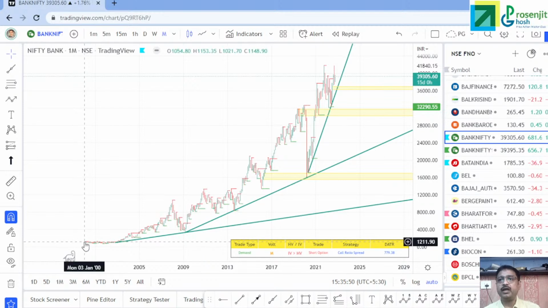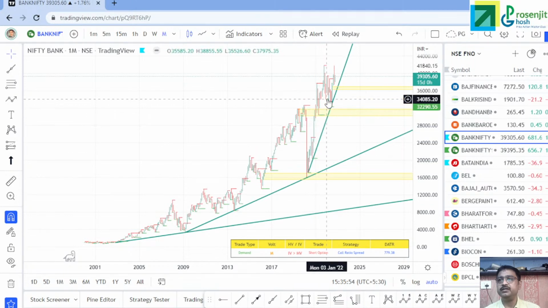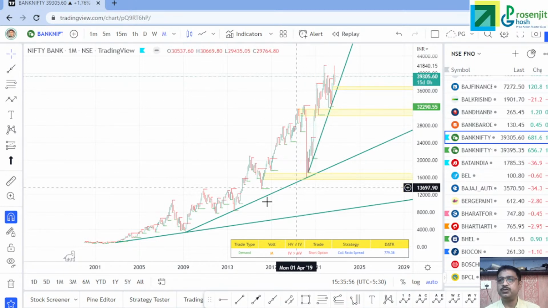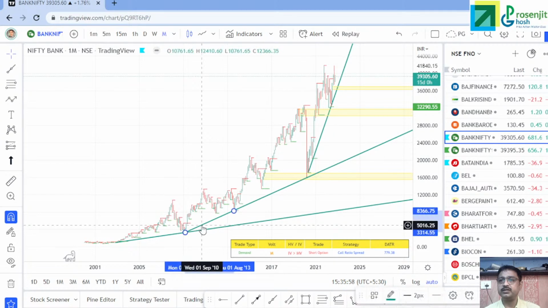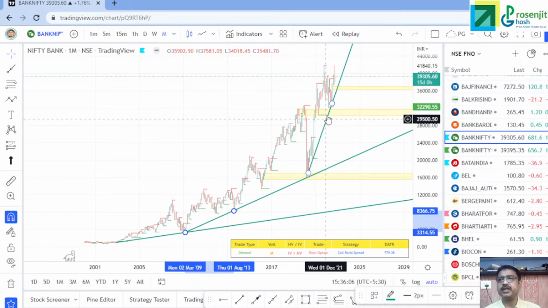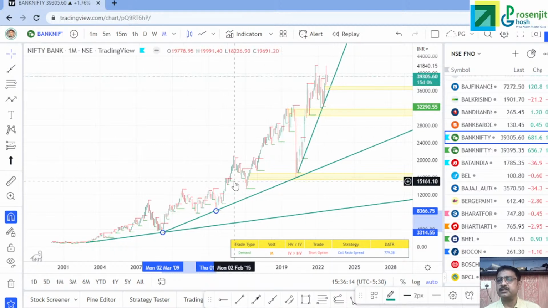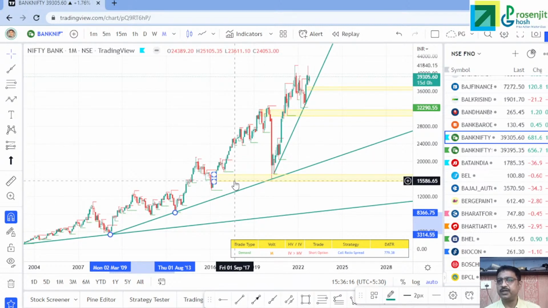Okay, and we have marked the horizontal trend line tool to find out what is the steepness of this trend. As you see, this trend is very, very steep, and still it is holding, same like Nifty.